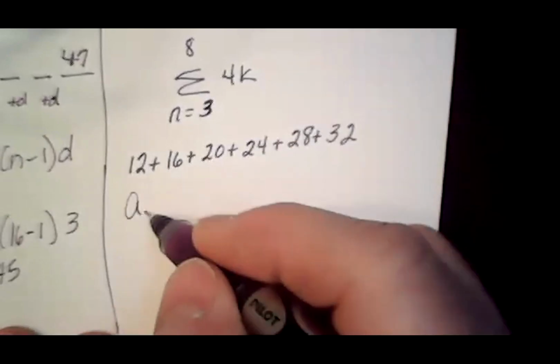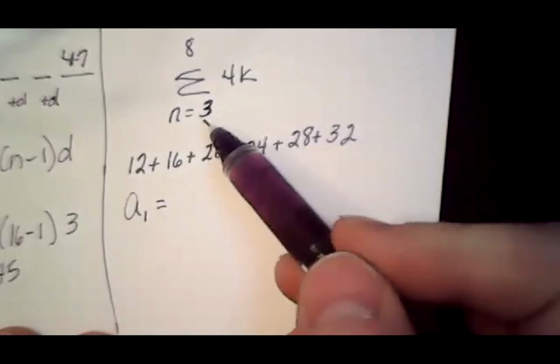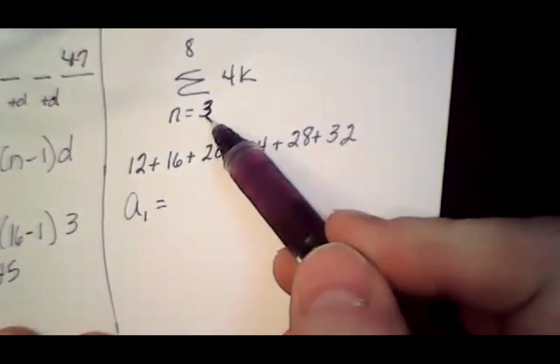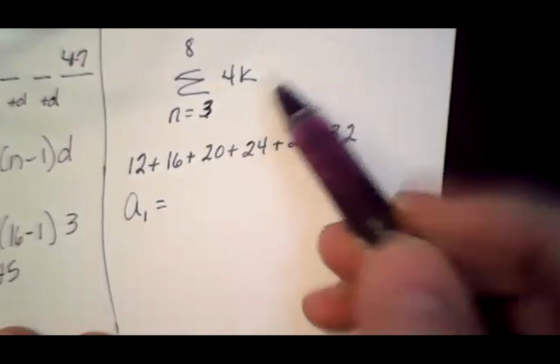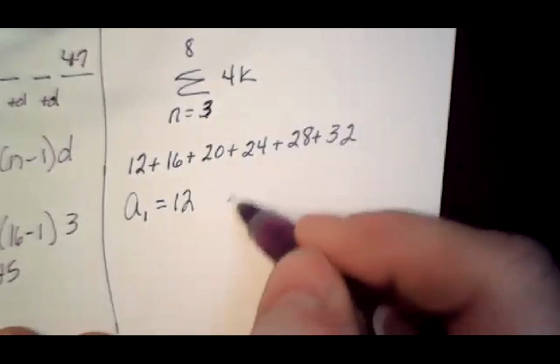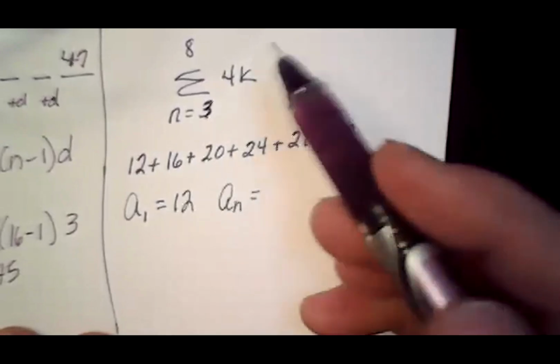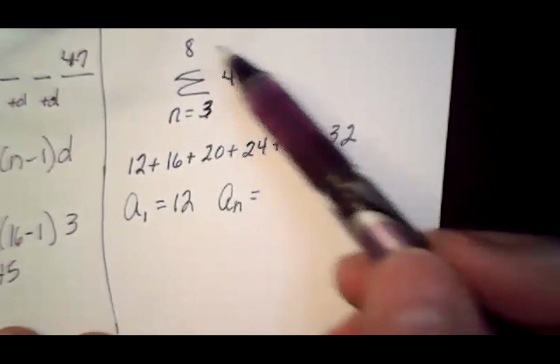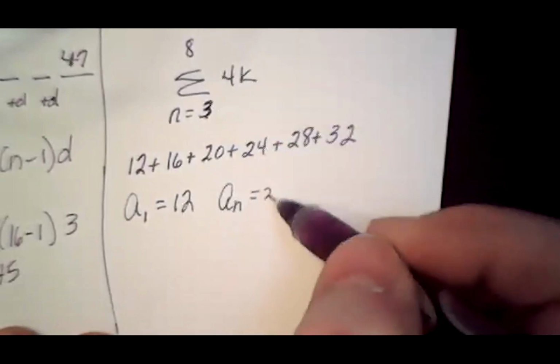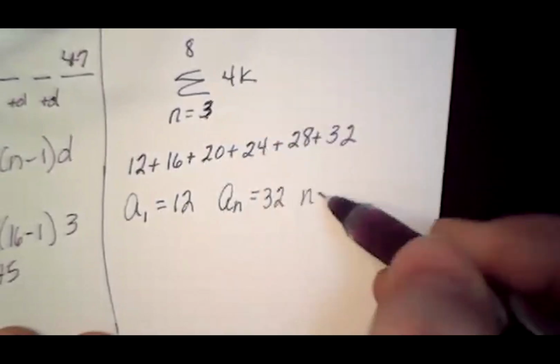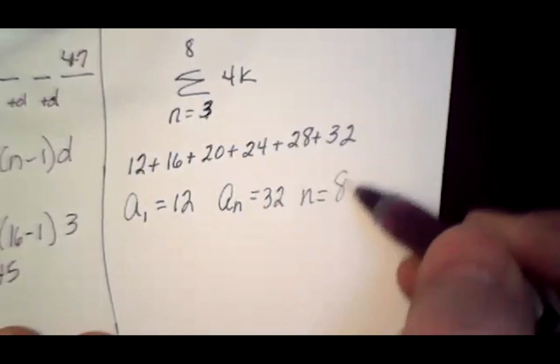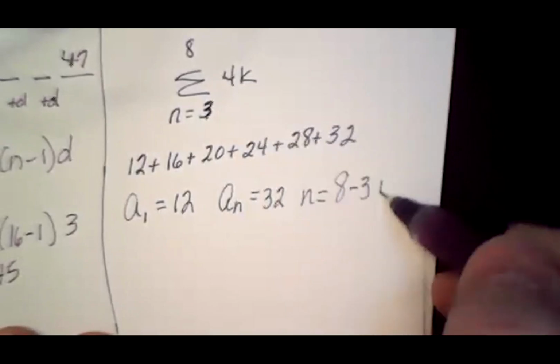So the first term you can always find by substituting the bottom number into this expression. The nth term you can always get by putting the top number in this expression. And then n is always the top minus the bottom, add 1 back.